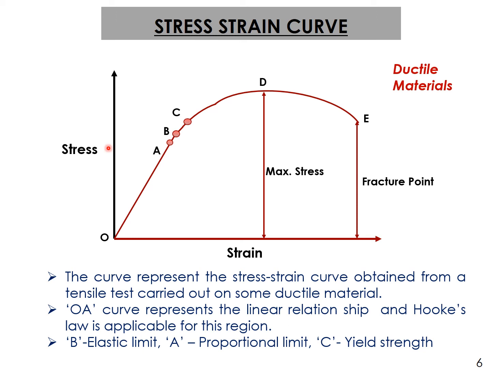This point A is the proportional limit. So B is the elastic limit and A is the proportional limit. I hope it is clear. Now, what is the proportional limit? It is the stress at which the curve deviates from linearity, meaning beyond point A, it does not show a linear behavior. That is how we define the proportional limit.